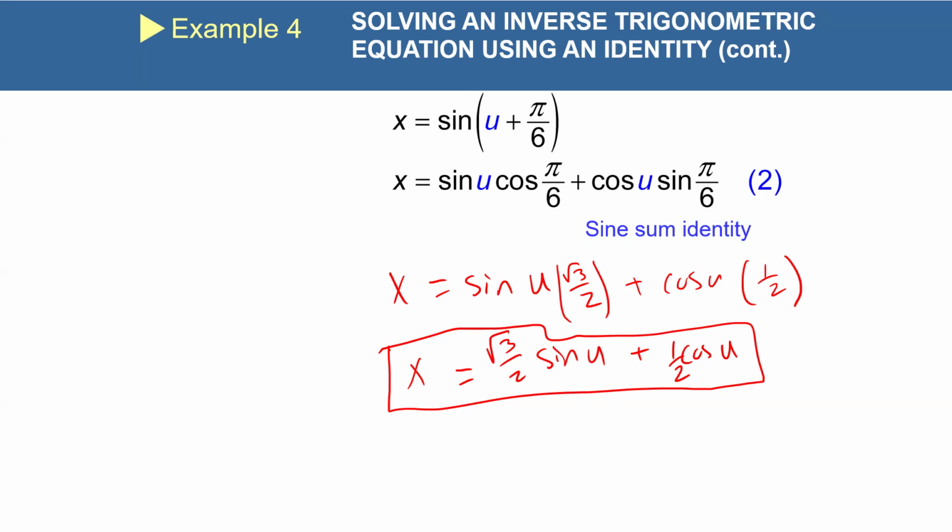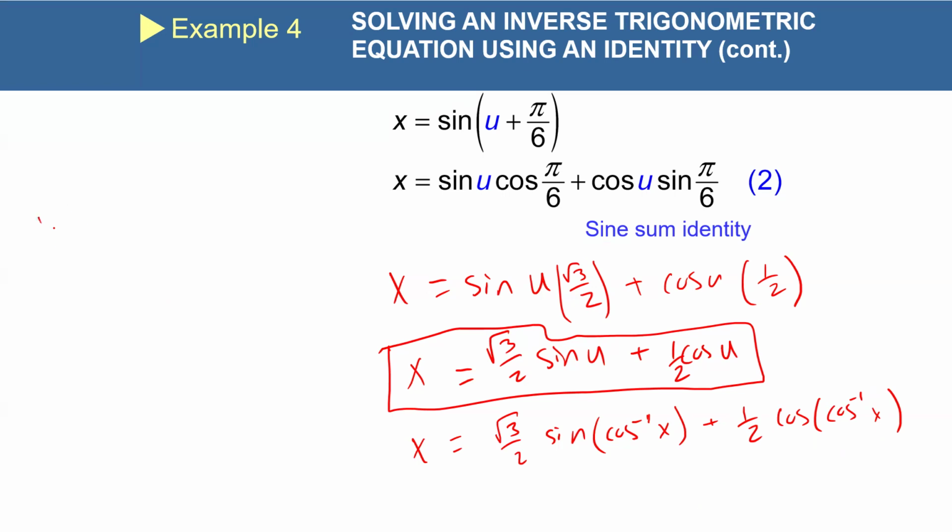When we plug this in, we get x equals square root of 3 over 2 sine of cosine inverse of x plus 1/2 cosine of cosine inverse of x. What is going to happen there with the cosine and cosine? They're going to cancel each other out.